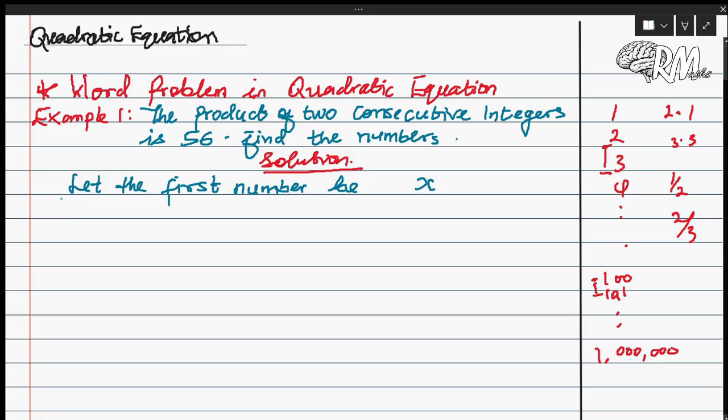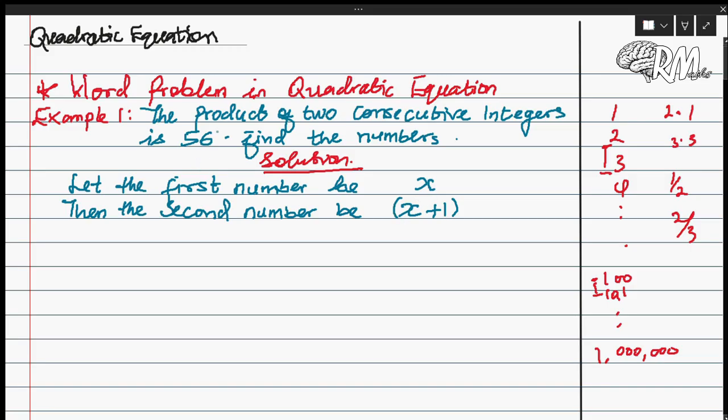Now, the second number is just an addition to the first number, just adding 1 to the first number. Remember, our first number is x, so I'll just have to add 1 to make it my second number. So my second number will be x plus 1. So my first number is x, then my second number is x plus 1.